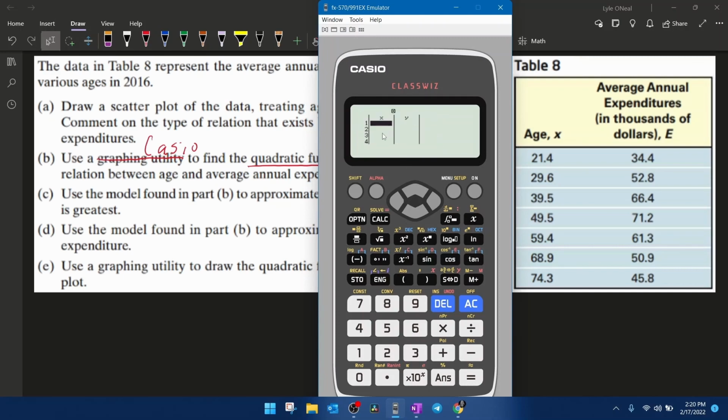And then, just like we did in Desmos, we're going to enter our data from our table into the Casio. Once we've got all of our data input, in order to get the quadratic function, we're going to go to the regression calculator number 4. And notice that it is going to give us our values for A, B, and C for our quadratic function.